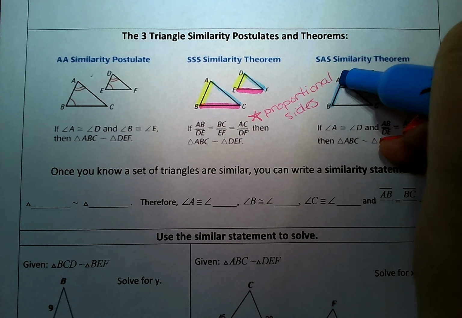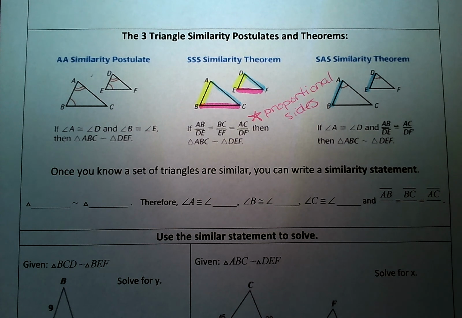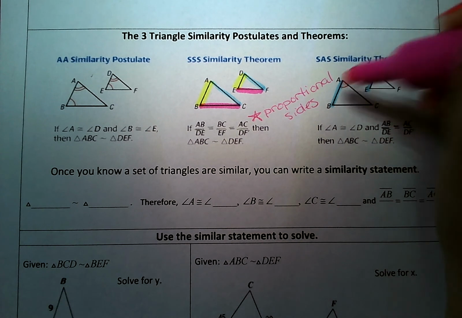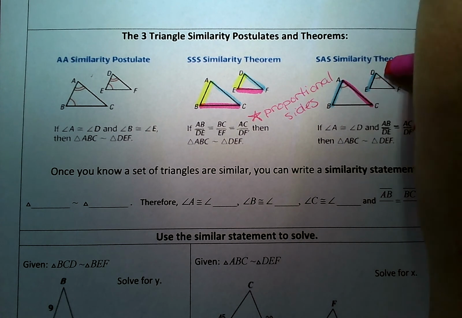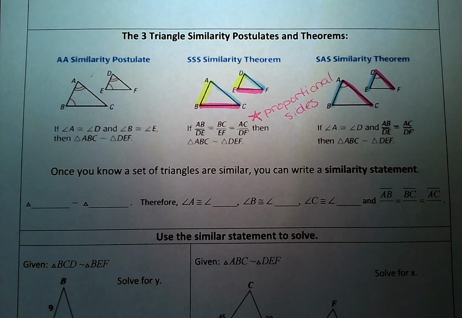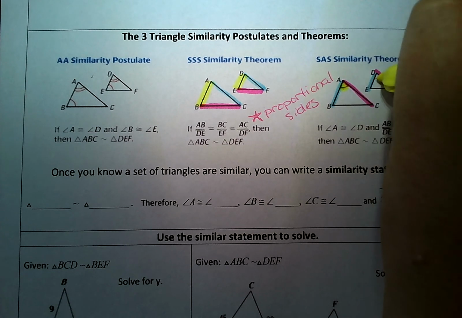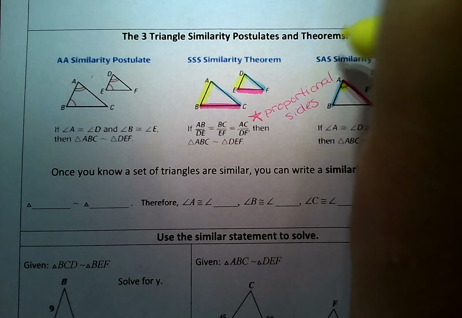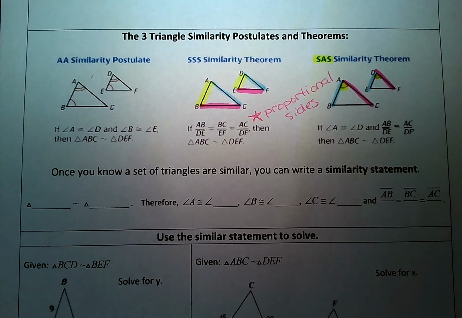Side AB and DE have the same ratio as side AC and DF. And very important to see that that angle is connected between them. We've seen SAS before, but now we have to look at it in terms of similarity.